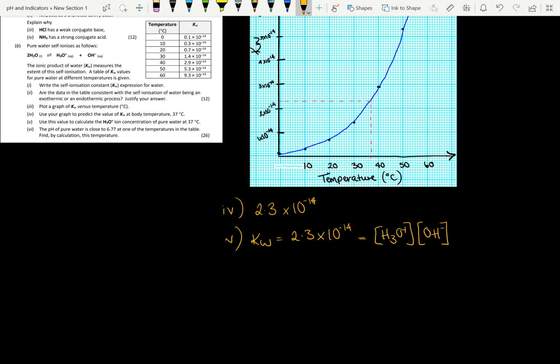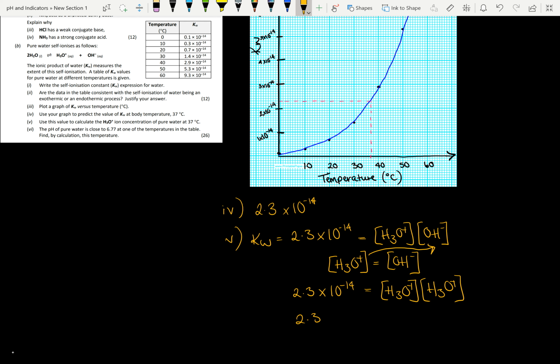But we also know from our equation that the concentration of the hydronium ion is equal to the concentration of the hydroxide ion. So I'm going to sub this in for the hydroxide ion here, and I can say that 2.3 by 10 to the minus 14 is equal to the hydronium ion multiplied by itself, which is basically it squared.